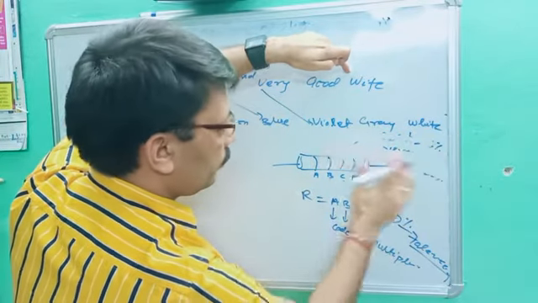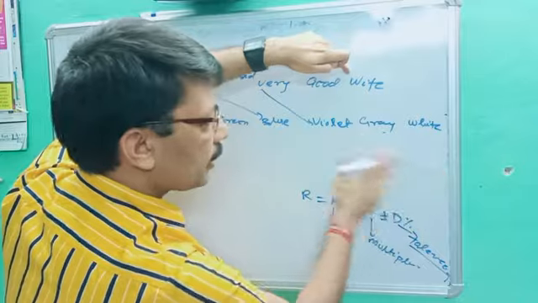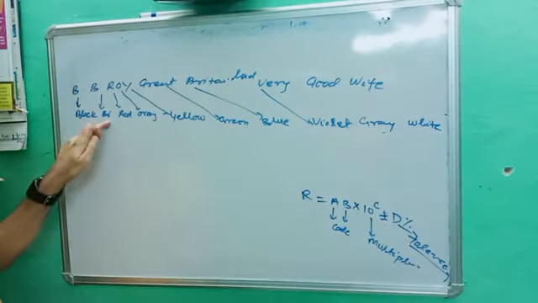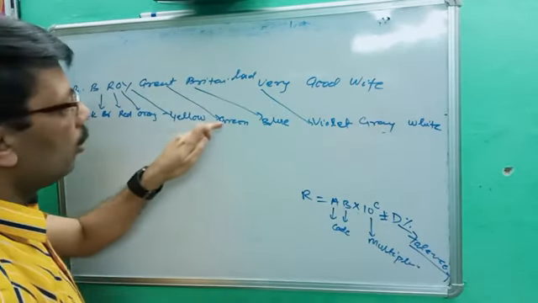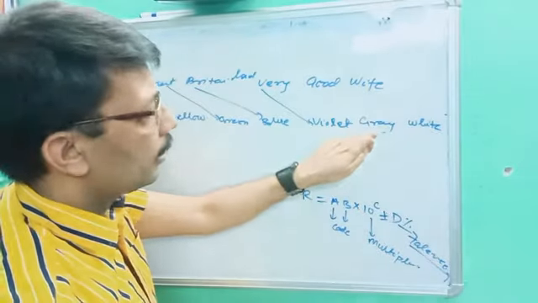Are you getting the point? These are the colors decided: black, brown, red, orange, yellow, green, blue, violet, grey, and white.